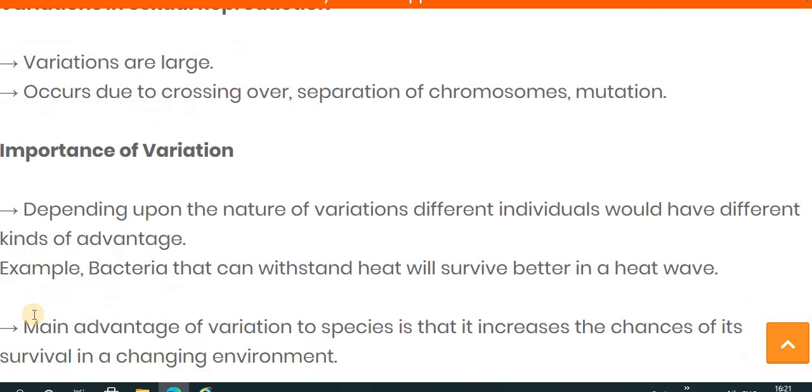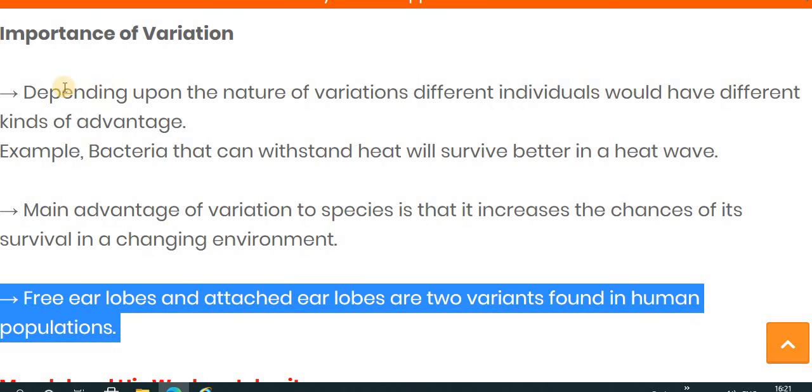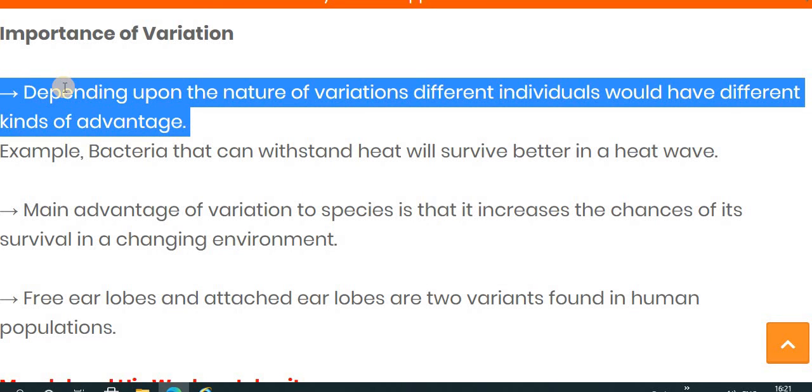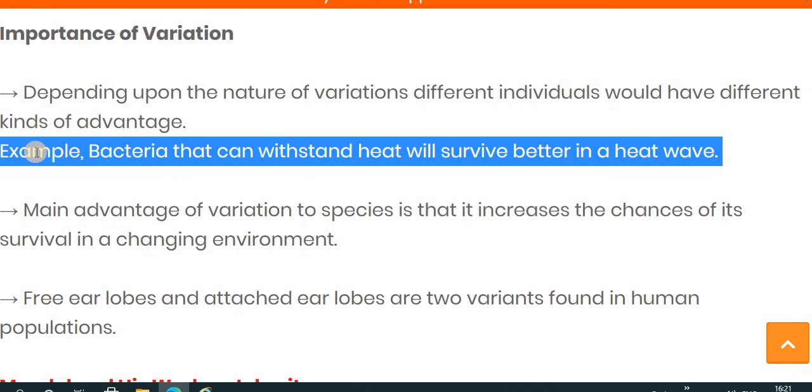Let's see once more the importance of variation. Depending upon the nature of variation, different individuals would have different kinds of advantages. For example, bacteria that can withstand heat will survive better in a heat wave.